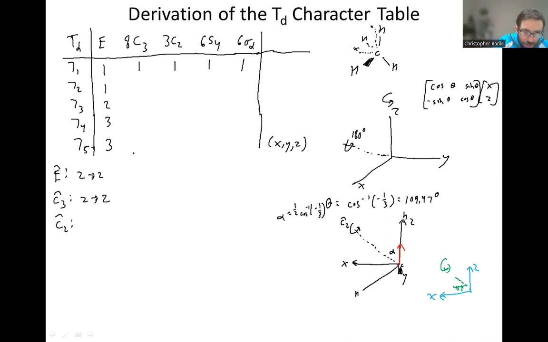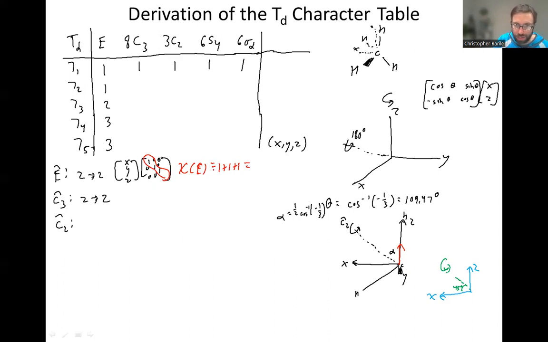So we're now going to have, for identity, an x, y, z vector. That's going to be the identity matrix, right? And remember, the trace of the matrix gives us 1 plus 1 plus 1. We signal the trace, or the character of the matrix, where the word character comes from, with this chi; it just means character or trace of.